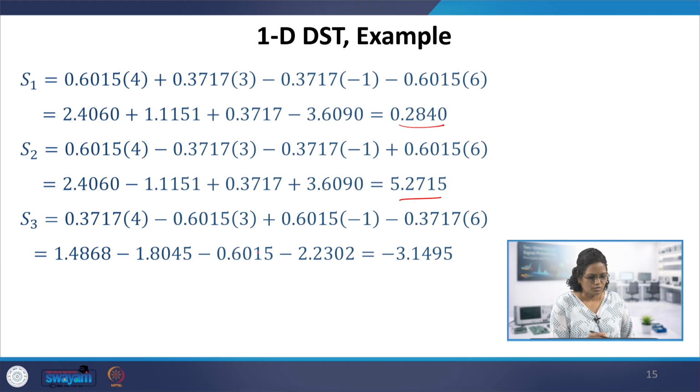So four rows are there: S0 is the first row, this is the second, third and fourth rows, and we got minus 3.1495.